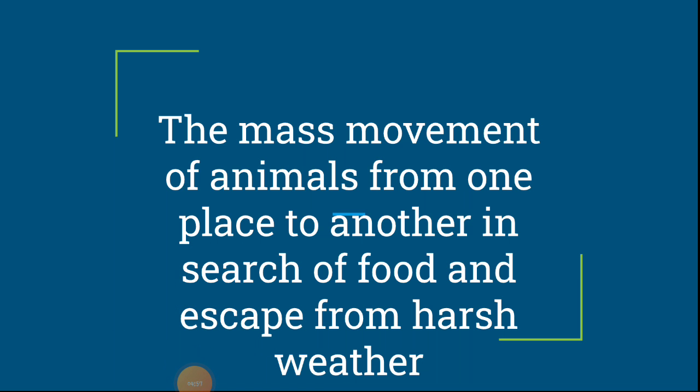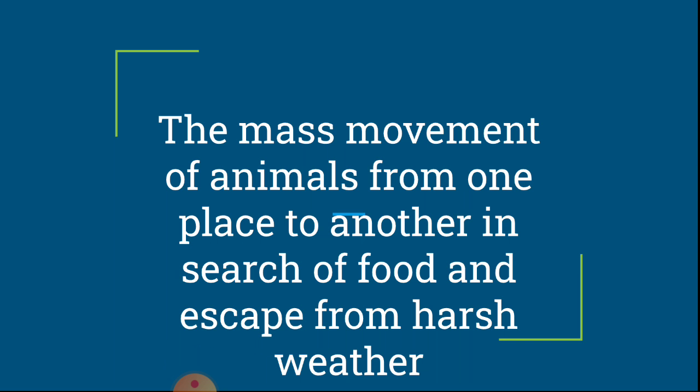So, what is migration? Migration is the mass movement of animals from one place to another in search of food and to escape from harsh weather. They will travel for the sake of food from one place to another place and in order to avoid the harsh weather. Harsh means bad weather.